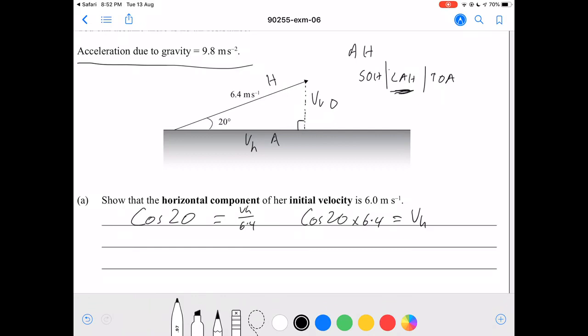So cos of 20 times 6.4. Yeah, that gives us your answer. VH comes out to be 6.01 meters per second, which can be rounded to 6 meters per second. Okay, so that's how you figure out the horizontal component of the velocity.